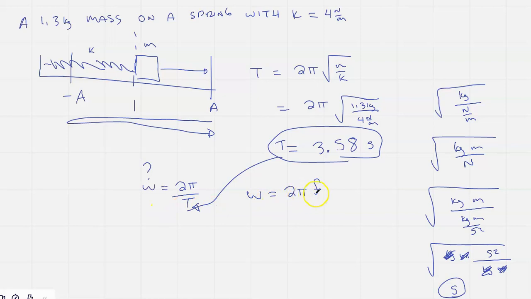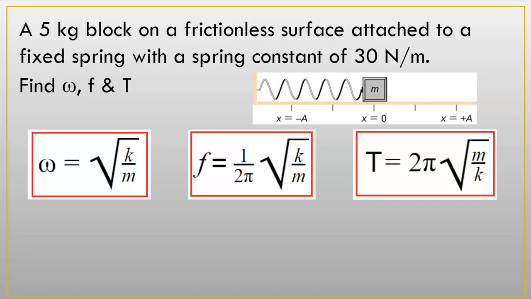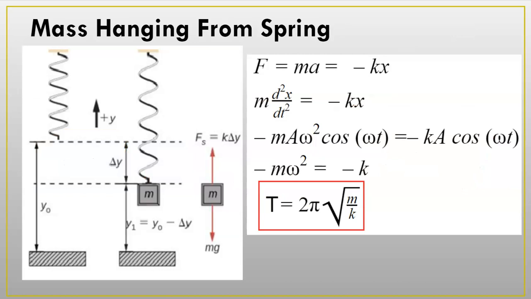Or I could say, well, 1 over T is f. So as soon as I've got that f, I could plug that in here and get omega. But you're not usually looking for omega. It's usually that period that's the most handy of those.